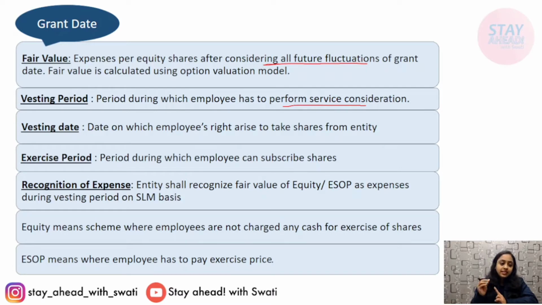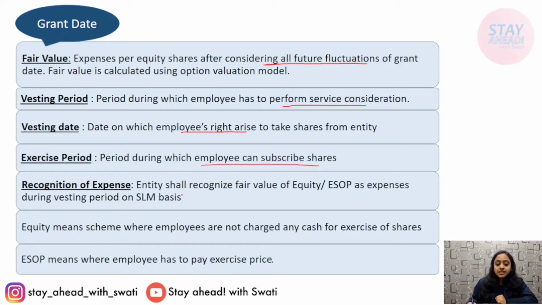Vesting date is the date right after which the condition gets completed, and an employee's right arises to take such shares. Exercise period is during which an employee can subscribe to those shares, either by paying the exercise price or not paying, depending on the condition.